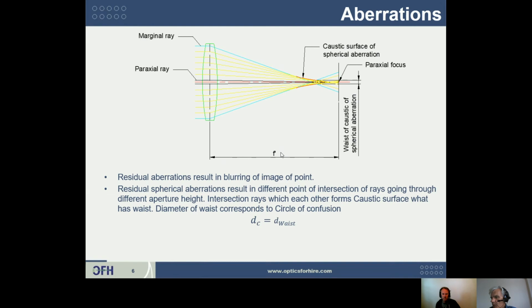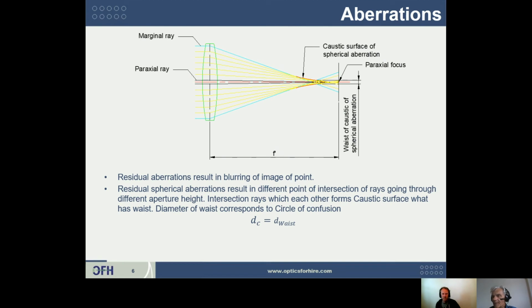This diameter, the smallest diameter of the beam, we can just take as the diameter of the circle of confusion. Got it. So okay, the bigger the aperture, the bigger the diameter of the circle of confusion, the bigger the depth of field for such a lens. Okay.